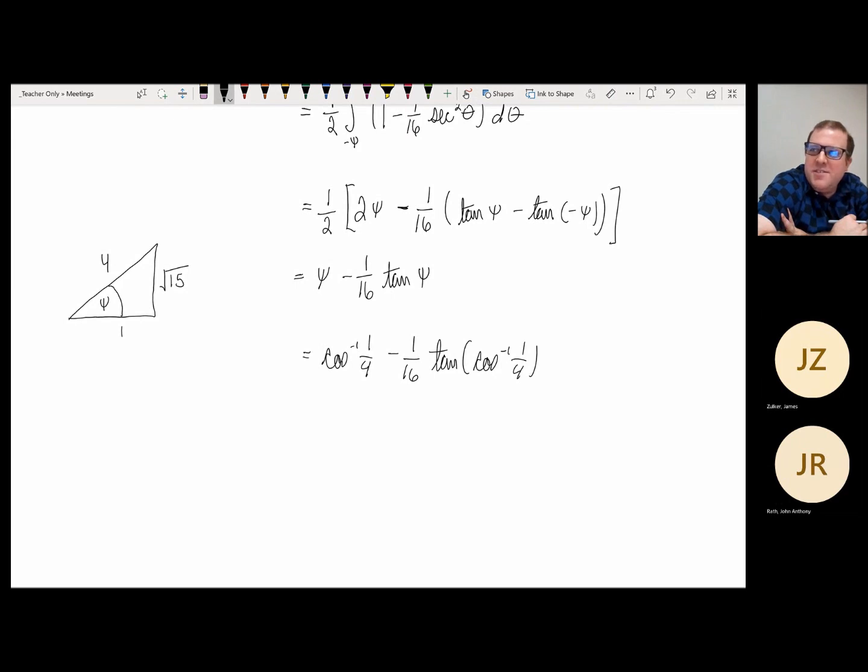Tangent is opposite over adjacent. So the tangent of the inverse cosine of a quarter is square root of 15. And there's our area.